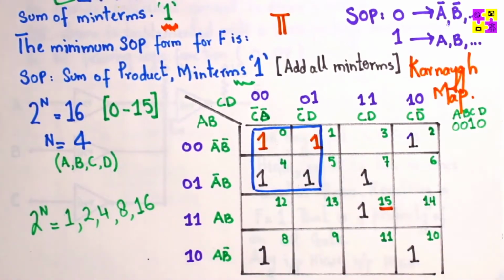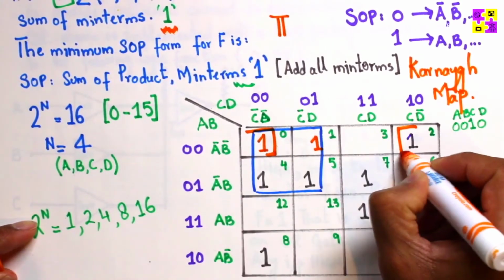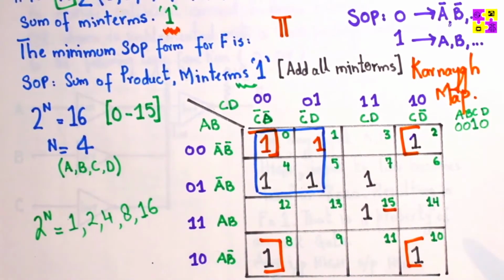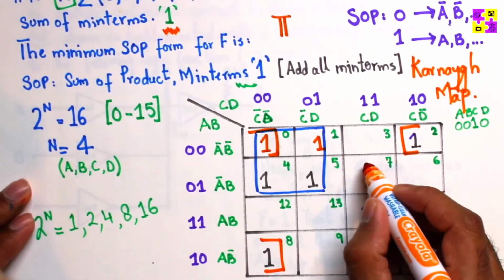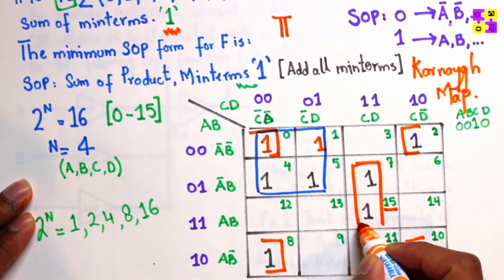Similarly, this can also be paired up. The ones on the outer edges, you can wrap them around like this, correct? And all the minterms need to be covered in a group at least once. Similarly, I can go with this as well, 7 and 15.